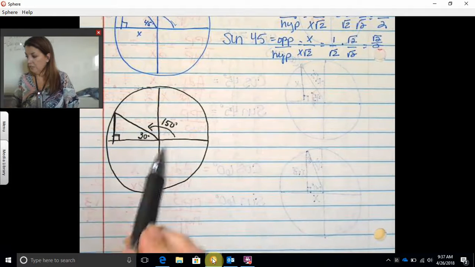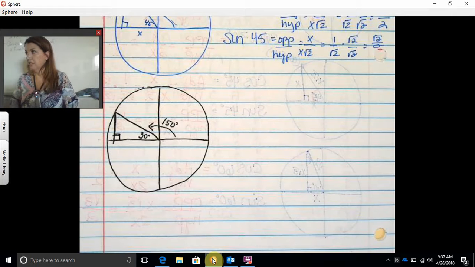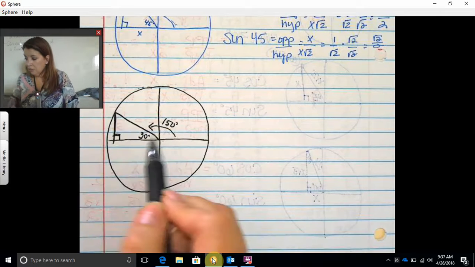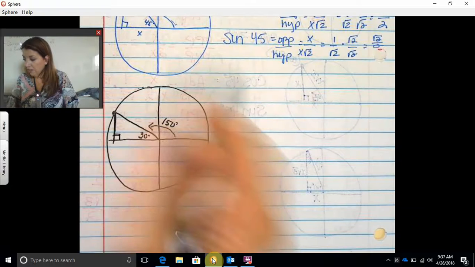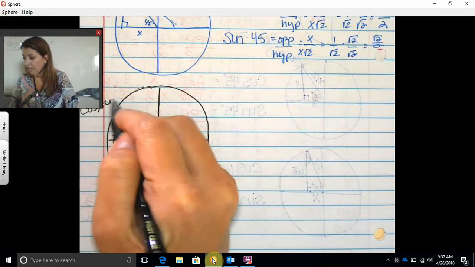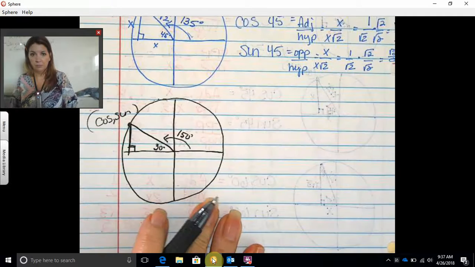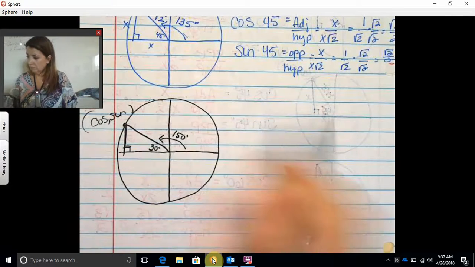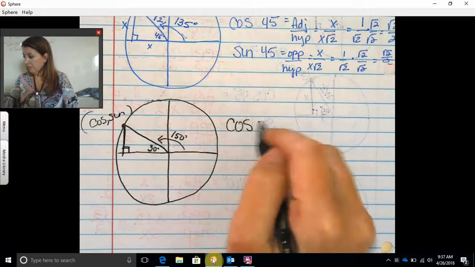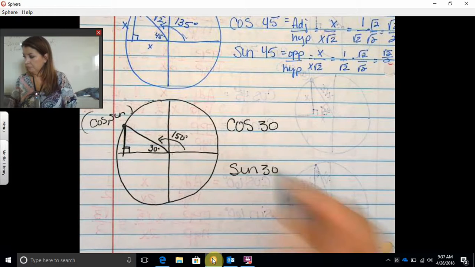So if this is 150, you have 30 degrees left before we get to that semicircle line. So to find this point, we're going to be finding the cosine and sine of the 30 degree angle. So we're finding cosine of 30 degrees, and the sine of 30 degrees.